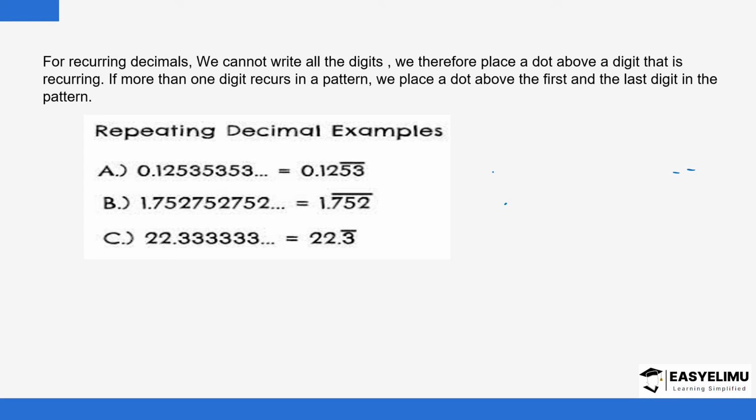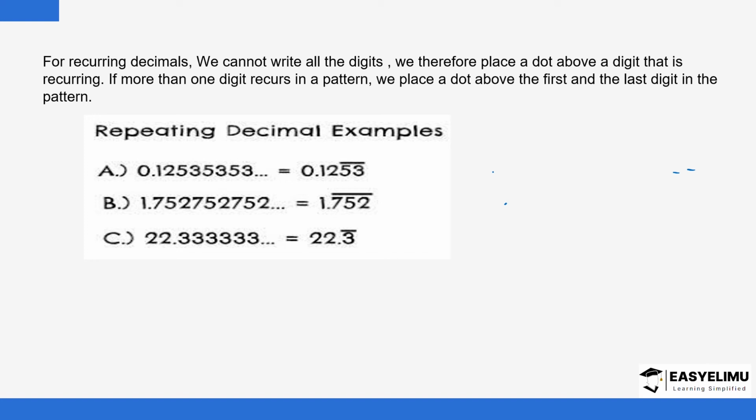Normally, for recurring decimals, we cannot write all the digits. We therefore place a dot above a digit that is recurring. And then if more than one digit recurs in a pattern, we place a dot above the first and the last digit in the pattern.